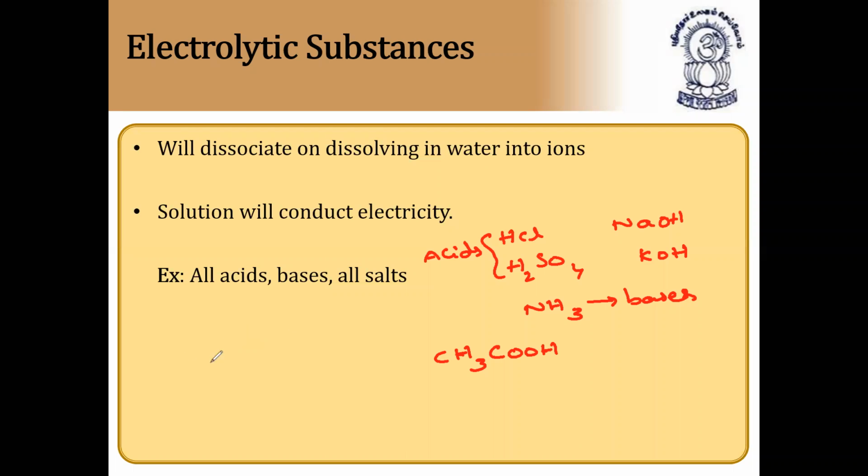HCl plus NaOH forms NaCl, and NaCl is a salt. So all acids, bases, and salts are called electrolytes. Electrolytes dissociate into ions on dissolving in water, and their solutions conduct electricity. Now the definitions of electrolytes and non-electrolytes are completed, so let us see the next concept.